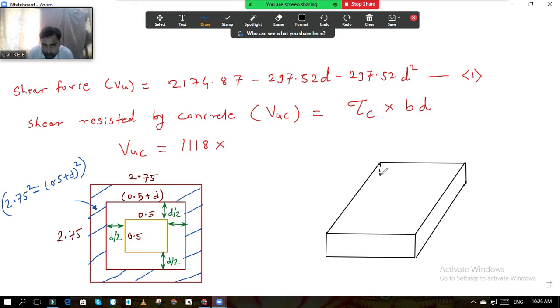See, this surface will not be visible to us, so I have drawn it by dotted line. So I will try to match with this. Okay, so this is the footing.